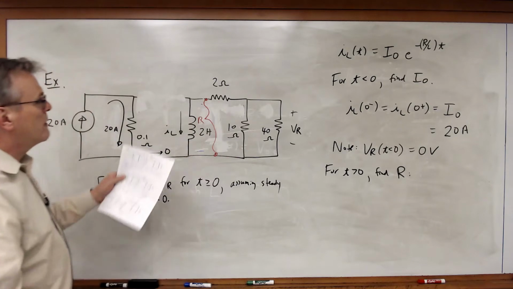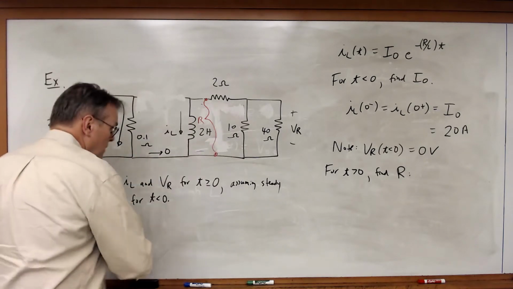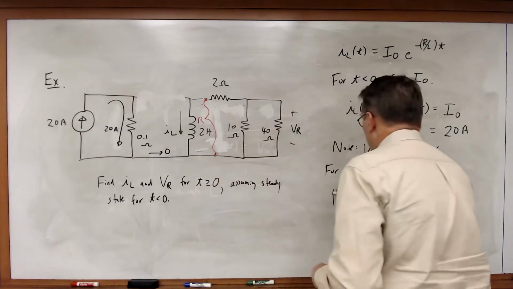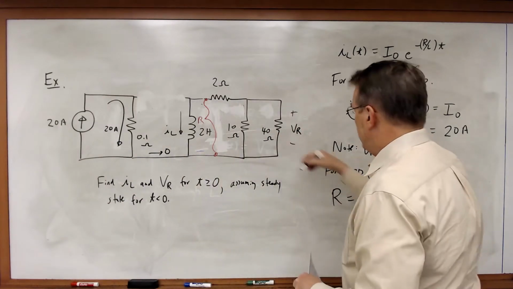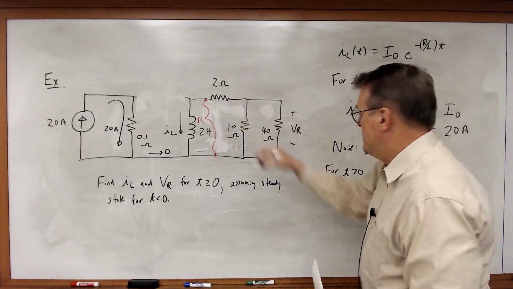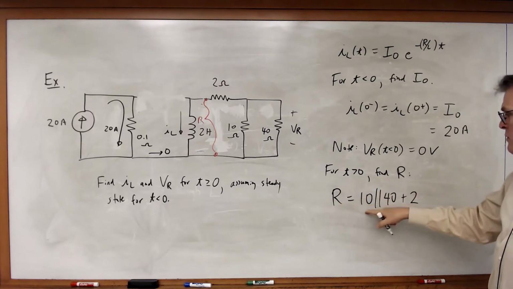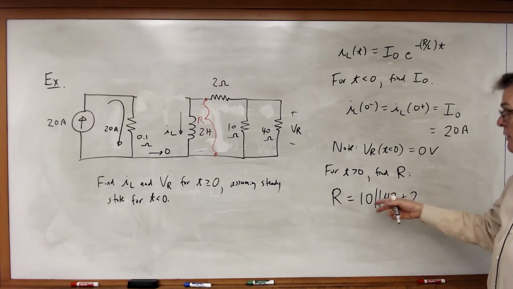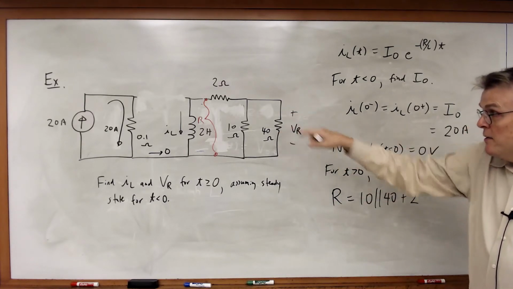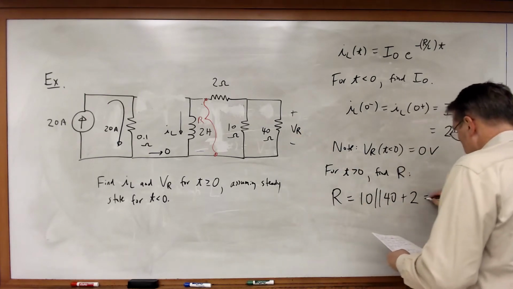That's my R. In this case, R must be equal to 10 in parallel with 40, plus 2. So if I do resistor network reduction, combine the two parallels, and add the series resistor, this is equal to 10 ohms.